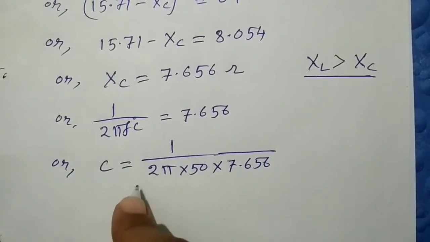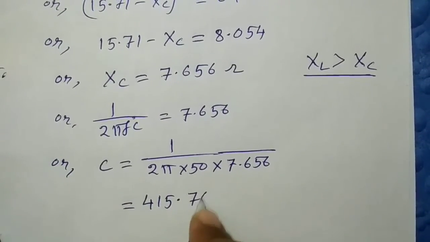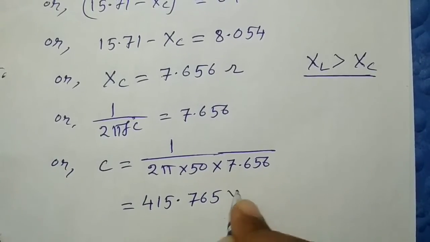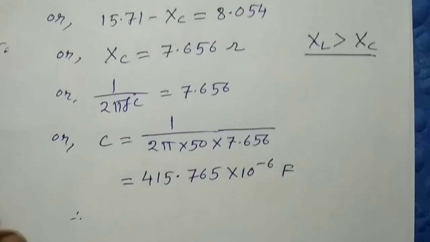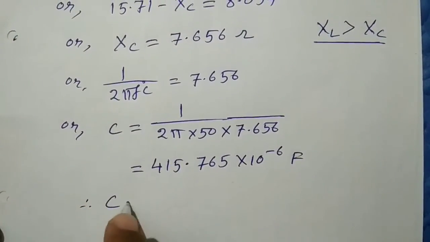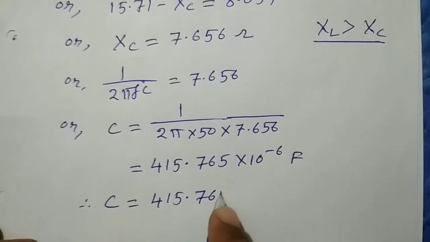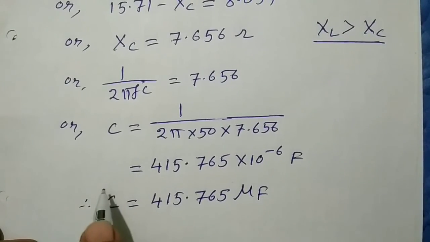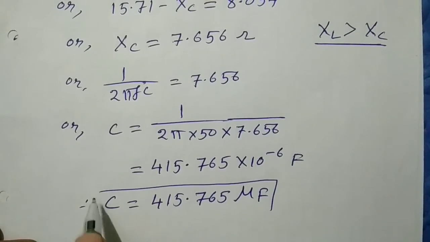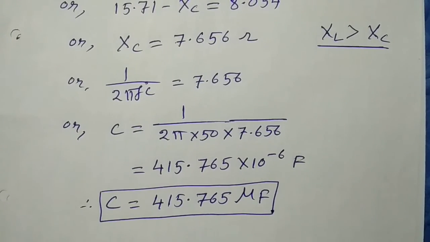So if we simplify this, we will get 415.765 into 10 to the power minus 6 farad. Therefore, the value of the C will be 415.765 microfarad. So this is our final answer. Thank you.